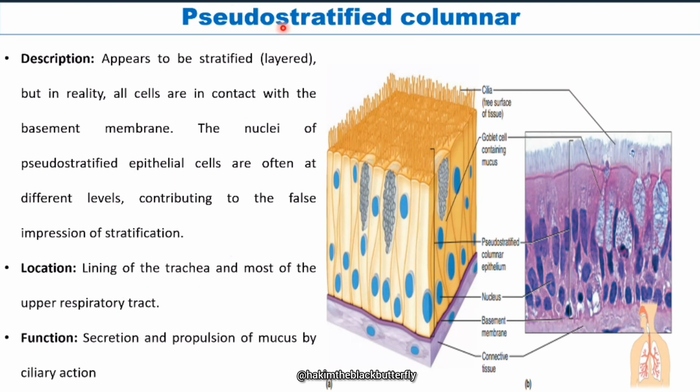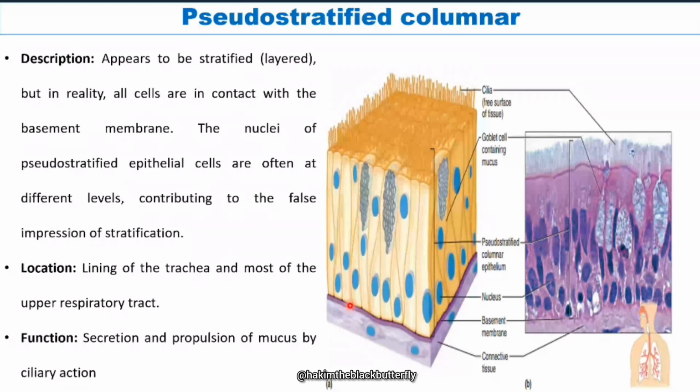Pseudo-stratified columnar epithelium. Now, this one is a modified epithelium also. It's called pseudo-stratified because if you look clearly, this tissue is just made up of one layer. This is one cell layer resting on the basement membrane. All these cells are resting on the basement membrane.